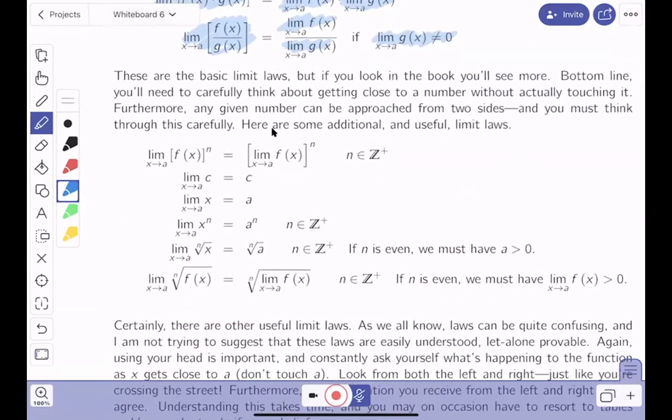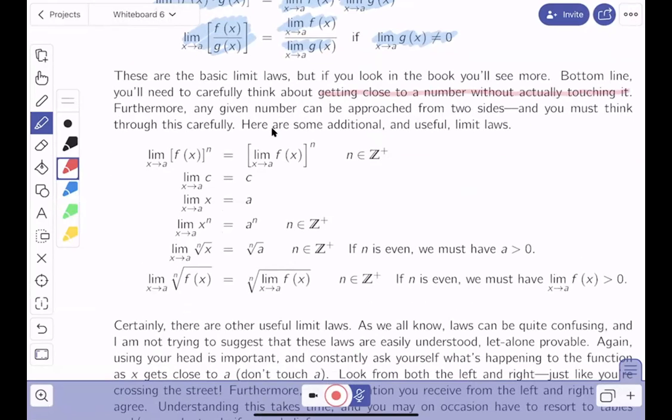These are the basic laws. If you look at a book, you're going to see a lot more though. Bottom line, you need to carefully think about getting close to a number without actually touching it. This is going to be our main goal here: getting close to a number, but not touching it. The other problem we have is that we're going to approach numbers from two different sides, and this is often confused.